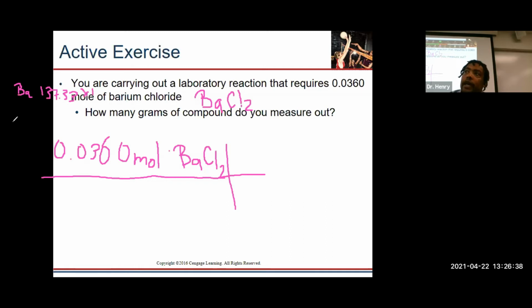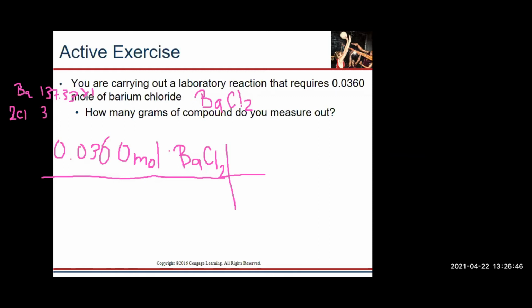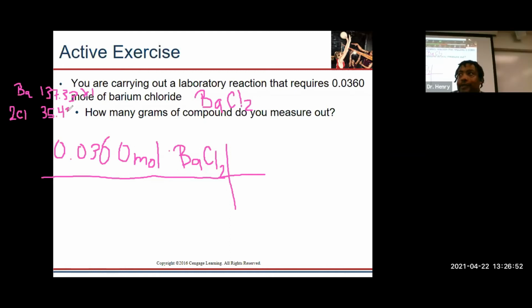My chlorine, 35.45, I believe, right? Correct. Times 2.